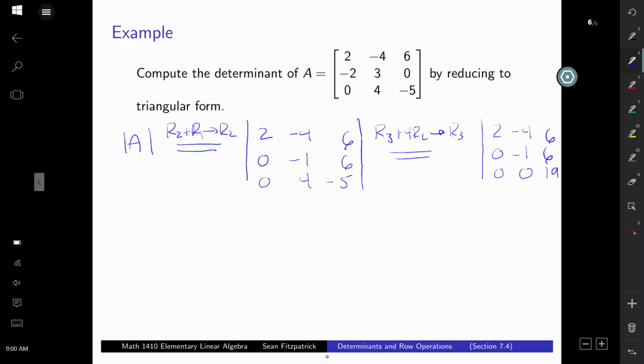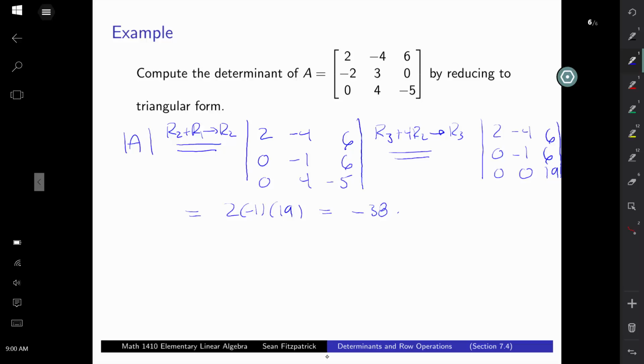That gives me 19. And now I can say the determinant of A is 2 times minus 1 times 19. So I get minus 38. Okay. So that's how you would calculate a determinant using elementary row operations.